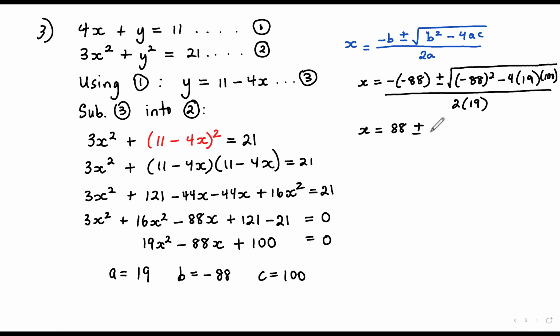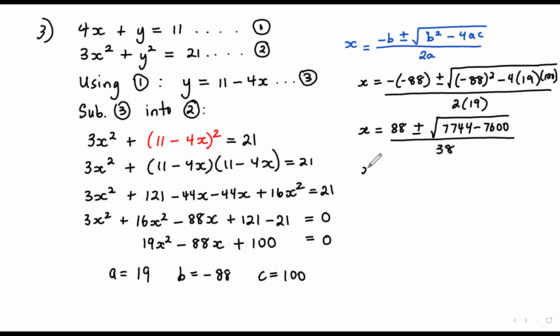Plus or minus the square root of 88 squared, which is 7,744, right? So 7,744, take away 4 times 19 times 100, which is 7,600, all divided by 2 times 19, which is 38.